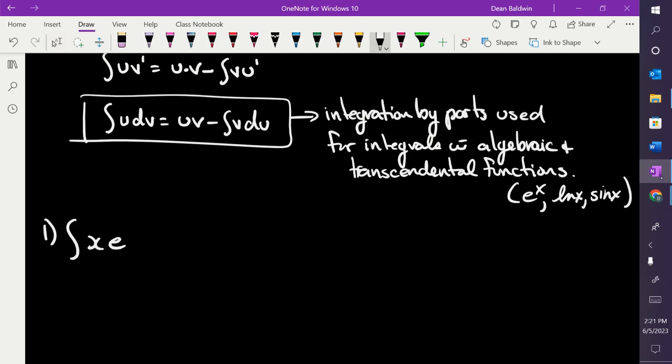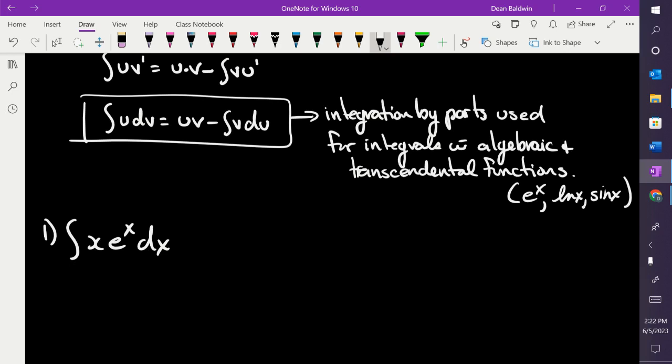If I said, what is the integral of x e to the x? You may be tempted to do u sub. I'll show you what happens if you do u sub.